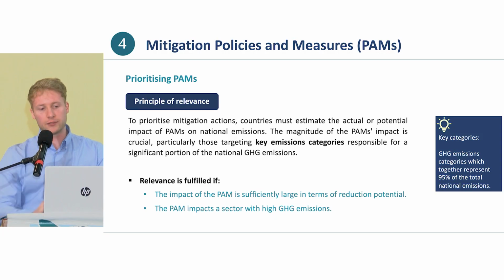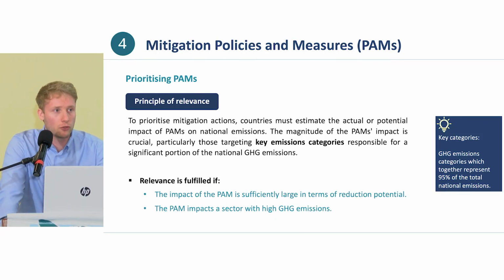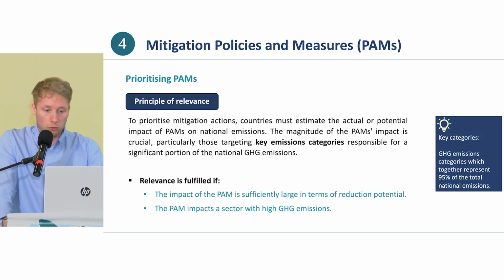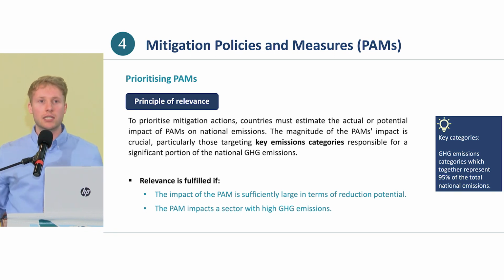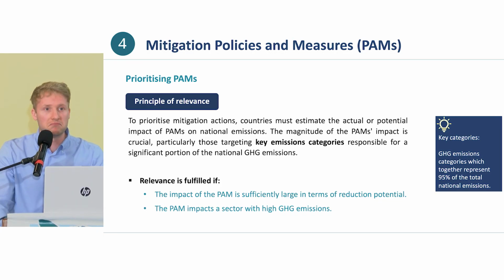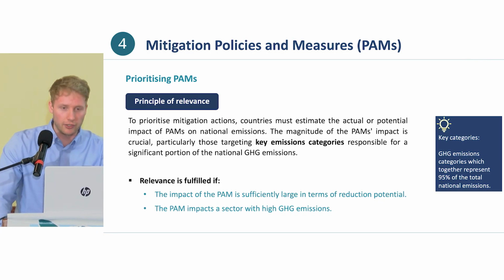So what helps here is to focus on key categories. In the inventories, for those of you who have worked with that, you might know, but otherwise key categories are those emissions categories in the inventory, when you account for all the emissions in the country, that together represent 95%. In many cases, that's only a handful, 10, 9, 12, 5, it depends, right?